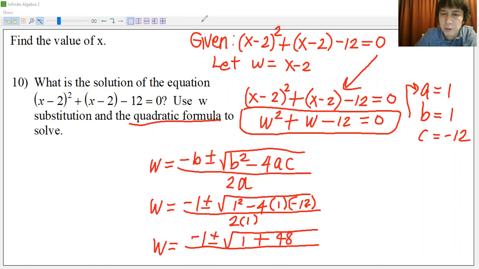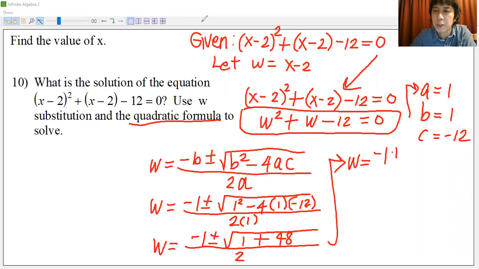This is divided by 2 times 1, which is only 2. So W is negative 1 plus or minus the square root of 49 over 2. The square root of 49 is exactly 7, so we have -1 ± 7 over 2.